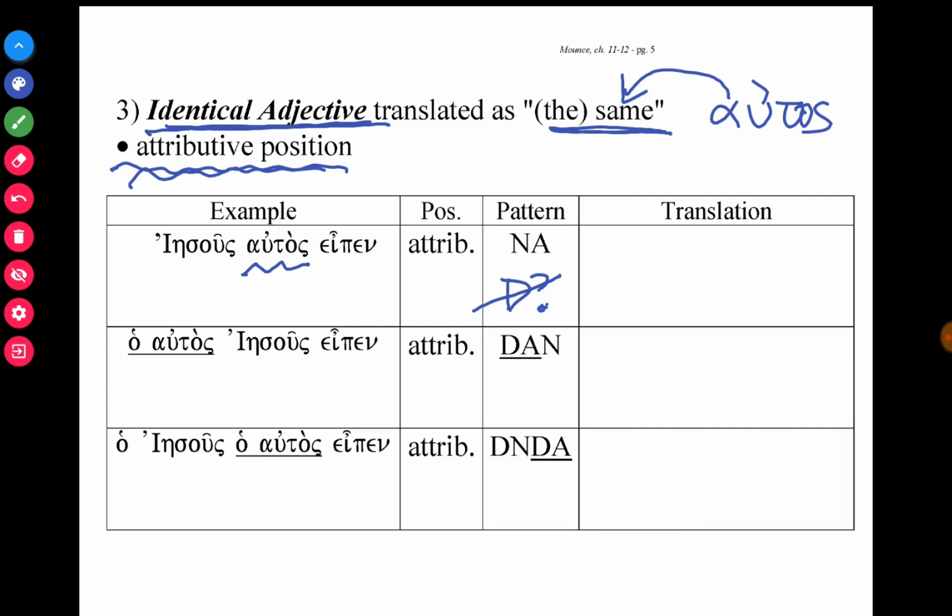But it could also be translated as if it was in the attributive position, because there's no article to tell us which way or the other. So we could have translated Jesus autos apen as Jesus himself said. But we could also translate the exact same sentence as the same Jesus said.